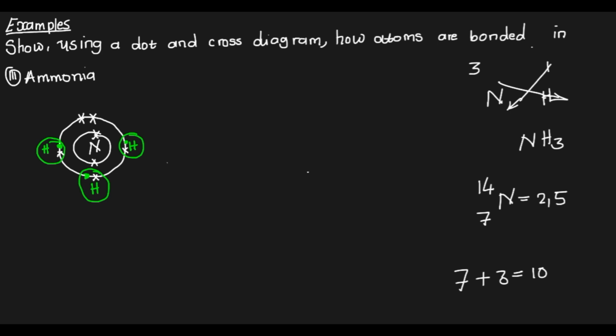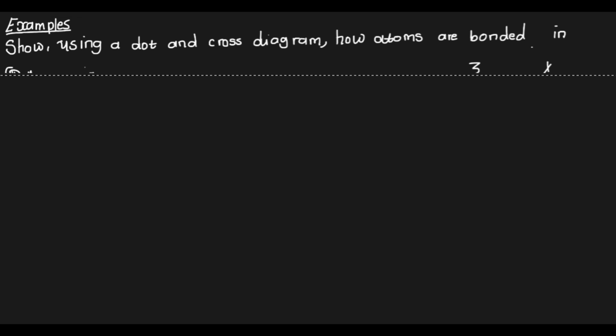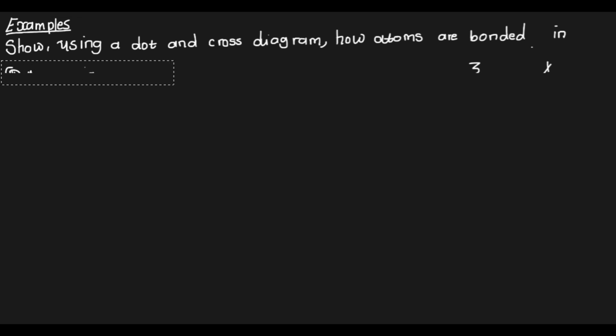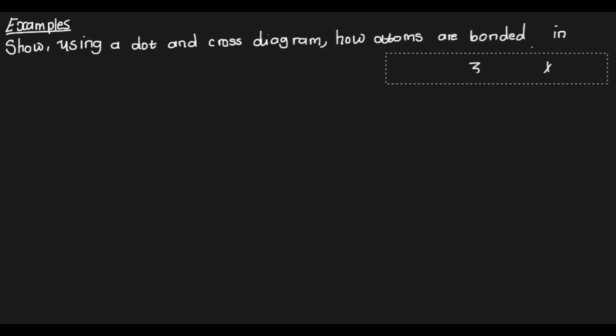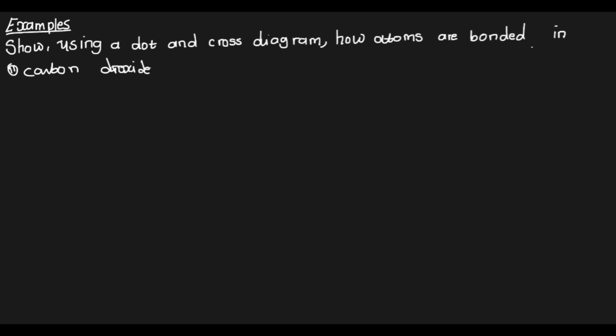Okay, let's have another example. This time let's look at carbon dioxide. The chemical formula for carbon dioxide is CO2.